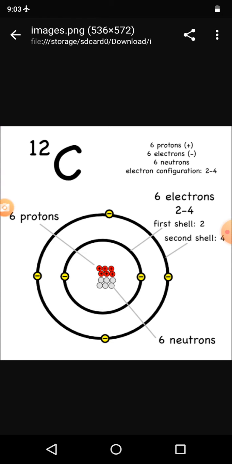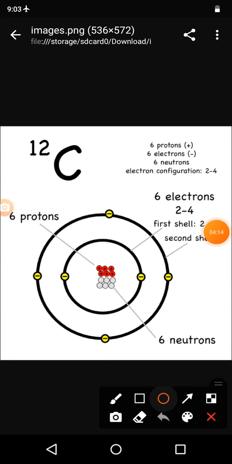So here you will see the nucleus. So the nucleus is made up mainly of protons and neutrons. Away from there, this is the first shell.